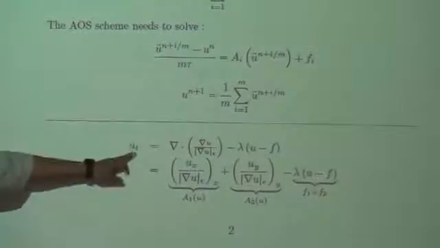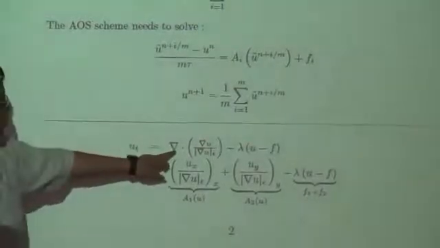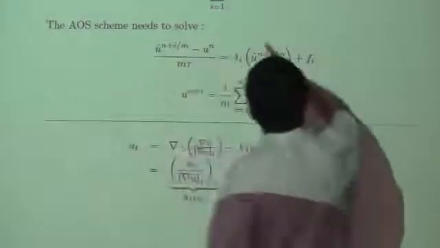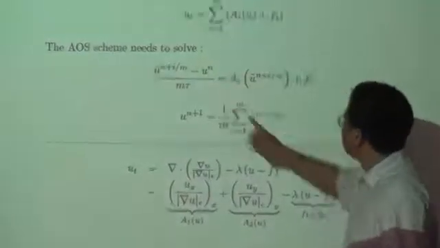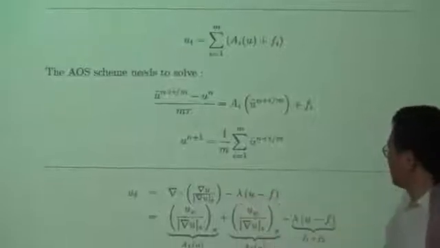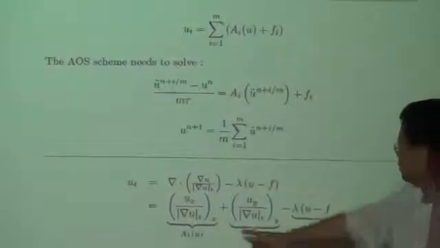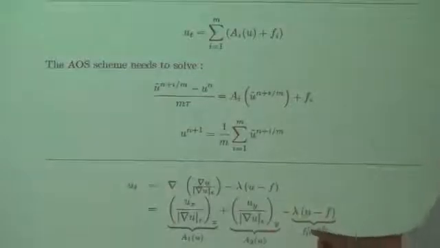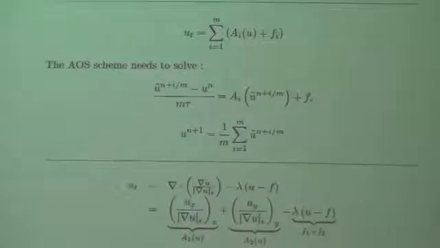The ROF model, you solve UT equals this one minus, and so in 2D we need to split it into two operators. One is A1, another is A2, so here we split into F1, F2.